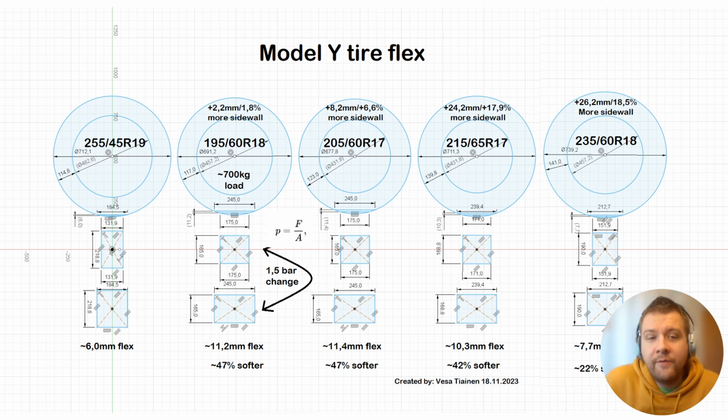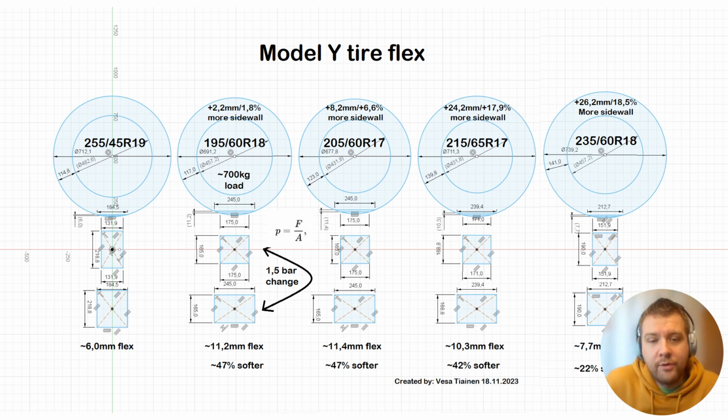So with the 255 tire, if you lower the tire pressure to 1.5 bar, it will flex only 60 millimeters in the Z direction of the car. But if you put 195/60 tires there, it will flex almost double.